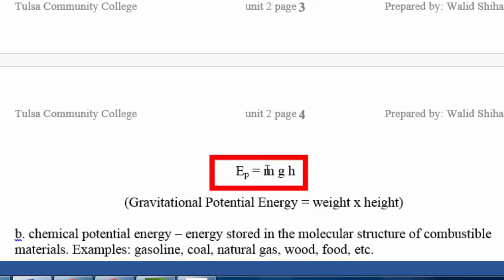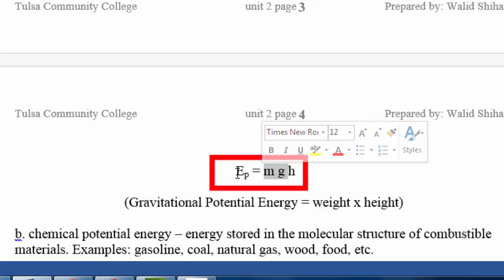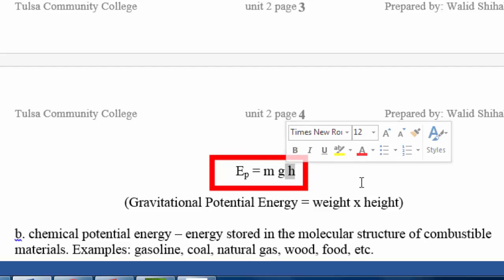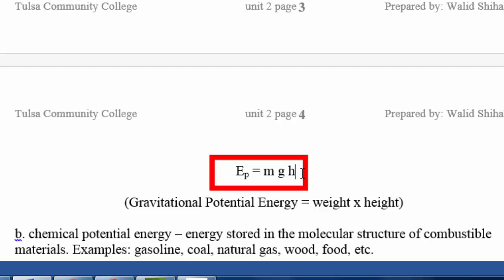The bigger the weight of the object elevated, the more potential energy it has. So the bigger the quantity of water elevated, the more work you can get out of it. So weight is one factor, directly proportional to the gravitational potential energy. The second factor is the height, how far you elevate it, how high you elevate it.